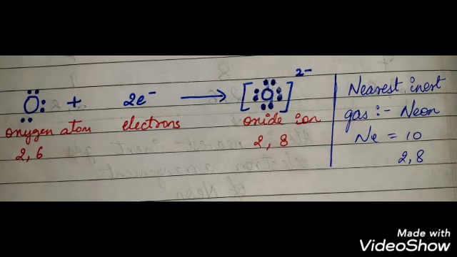We find that oxygen atom has 6 electrons in its outermost shell, so it requires 2 more electrons to achieve the stable 8 electron structure of an inert gas. Thus, an oxygen atom accepts 2 electrons donated by the magnesium atom and forms a stable oxide ion O2- having the electron arrangement of a neon atom.